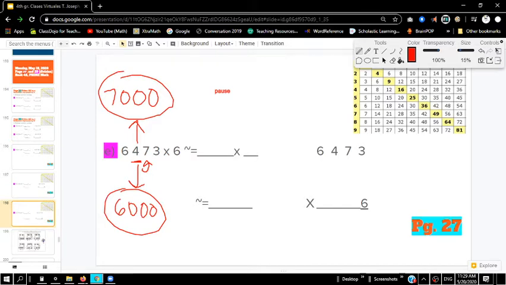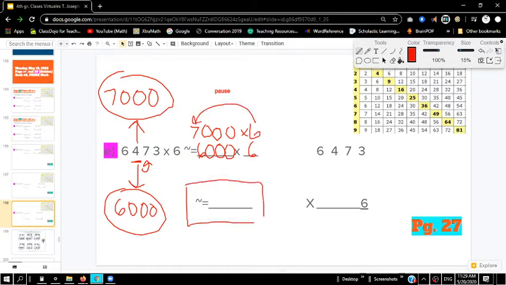I'm going to put just 6,000 so that we have a number to multiply by. We're multiplying by 6. So our estimation is going to be between, well, 6 times 7 is 42, so between 42,000 and 36,000.